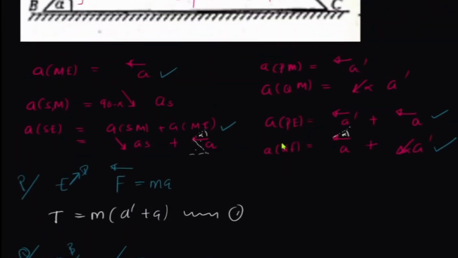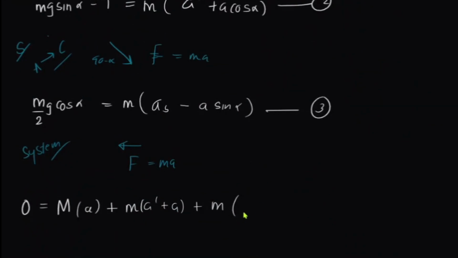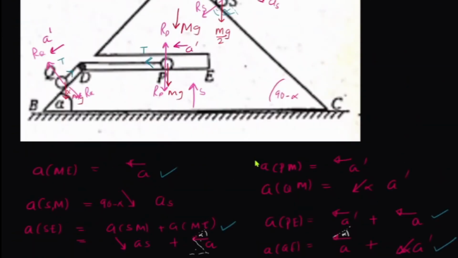Q, acceleration of Q relative to Earth in this direction is A plus A dash cos alpha. If you consider Q, acceleration of Q relative to, yeah, that's fine. We have done that.